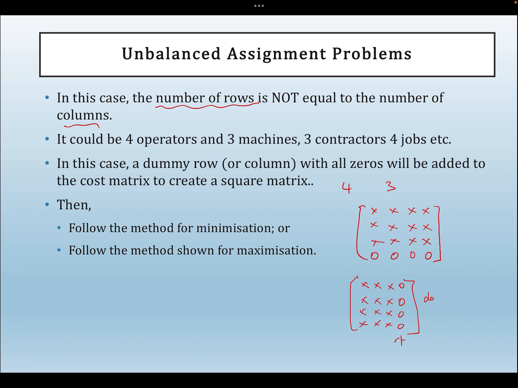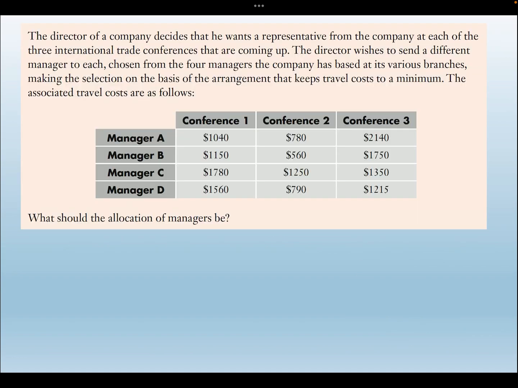So I would just write down here: no need to do row reduction, while this one is: no need to do column reduction. Alright, then the rest follows the method of minimization or maximization.